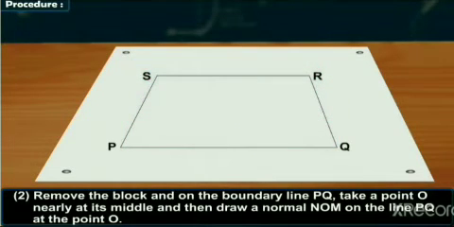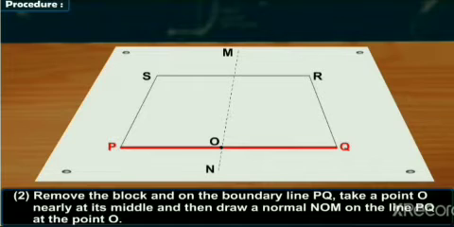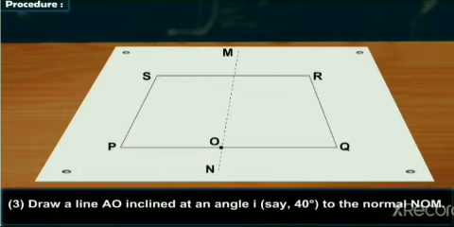Remove the block and on the boundary line PQ, take a point O nearly at its middle and then draw a normal NOM on the line PQ at the point O. 3. Draw a line AO inclined at an angle I, say 40 degrees, to the normal NOM.